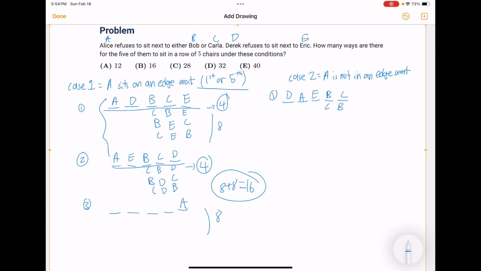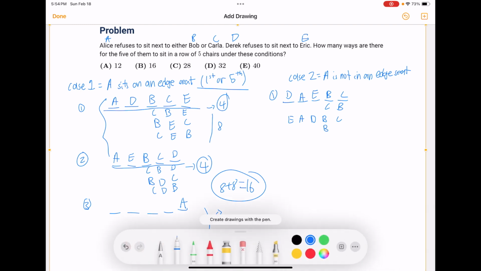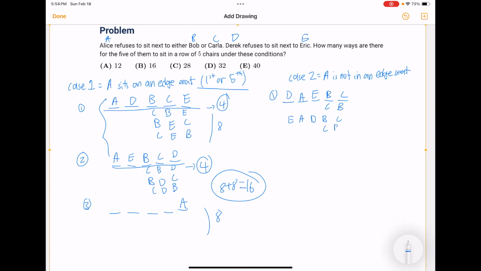And then it can also be E, A, D, B, C. So I'm just going to name this scenario 2. So right now we have 2 arrangements from the first one, 2 arrangements from the second one, and this is all when A is in the second seat.